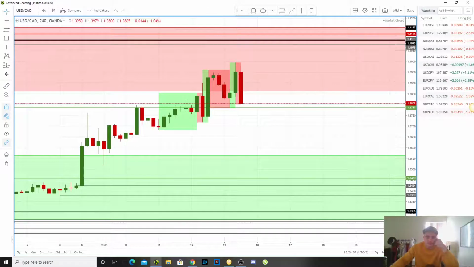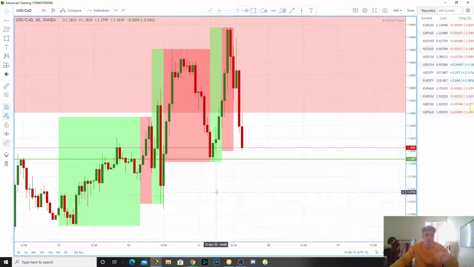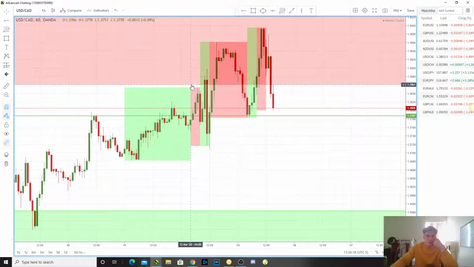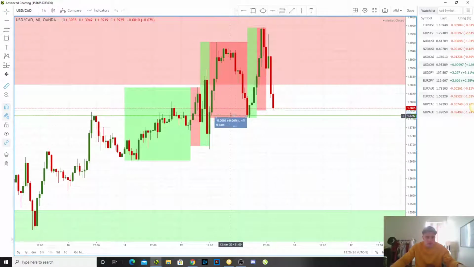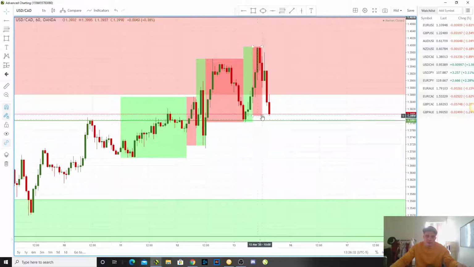Green, there we go. So if we wanted to, see anything below this, this could be a level right there. We could take it. Already hit though. I don't think it's quite a 2-to-1 profit target. So 88 to 114. So for me, it's a no-go.